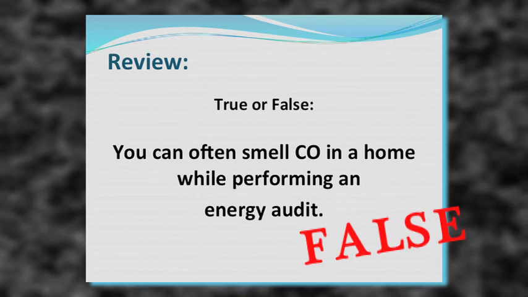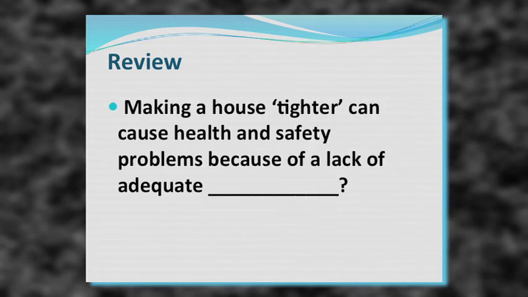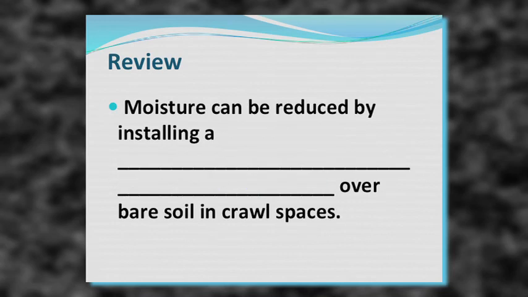Carbon monoxide is odorless and colorless and will kill you. You must have a carbon monoxide meter in order to detect it. Making a house tighter can cause health and safety problems because of the lack of adequate ventilation. Moisture can be reduced by installing a moisture barrier over bare soil in crawl spaces.